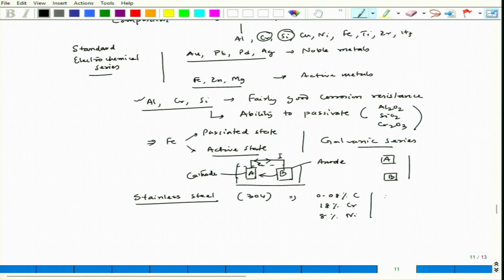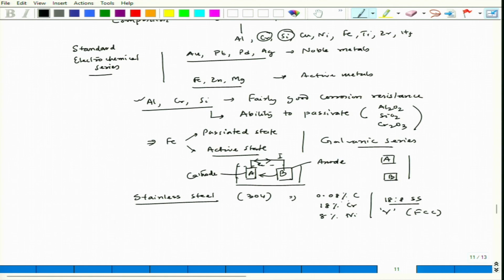We popularly call it 18-8 stainless steel. The crystal structure is austenite or FCC, and the microstructure is basically austenitic grains in that particular stainless steel.